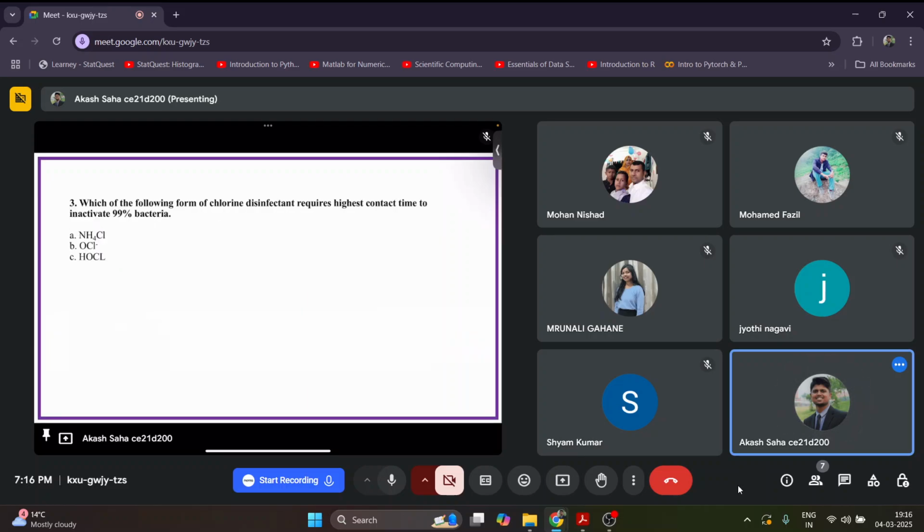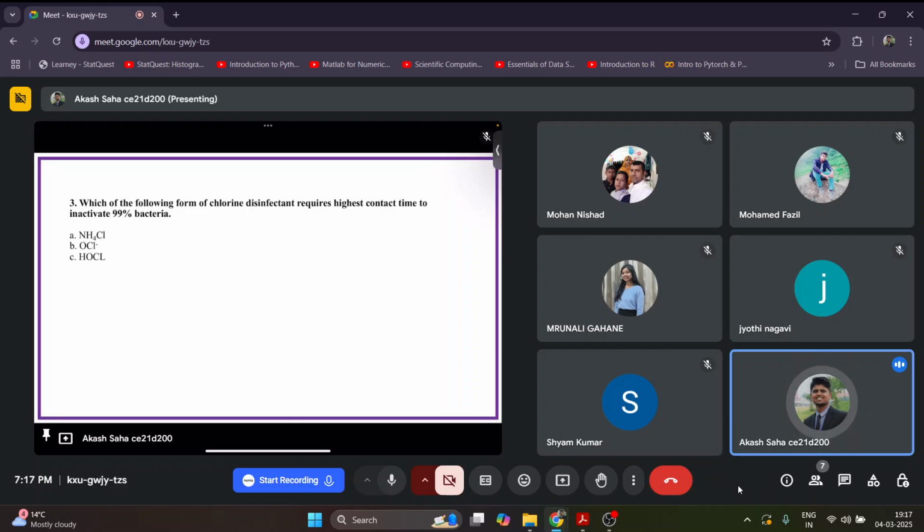Next, which of the following forms of chlorine disinfectant requires the highest contact time to inactivate 99% of the bacteria? Is it NH4Cl, OCl minus, or HOCl? Which requires the highest contact time?